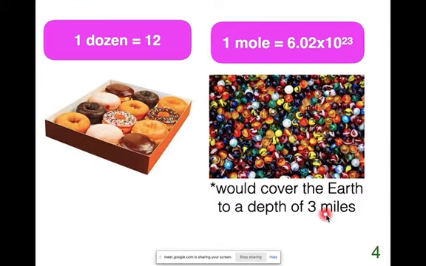If each one of these molecules in here, 1 mole, 6.02 times 10 to the 23rd molecules of water, were magically able to expand to the size of a basketball, they would occupy a volume the size of planet Earth. So that should give you both a sense of how enormous a mole is and also some appreciation for how incredibly small atoms and molecules are.